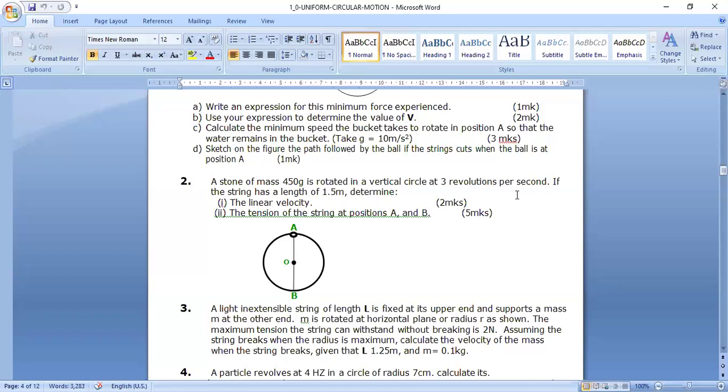So tension at A, which is the uppermost part, TA, equals to mv squared over r minus mg. So substituting 0.45, which is the mass, times v squared, which is 28.27 squared, over r 1.5. Everything subtract mass, which is 0.45 times 10.